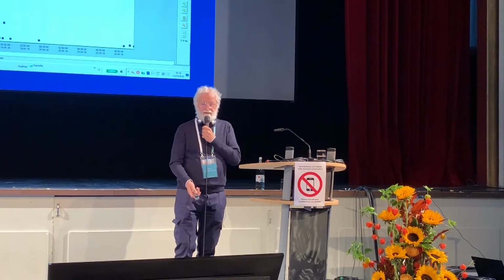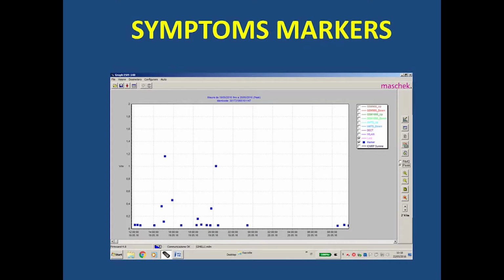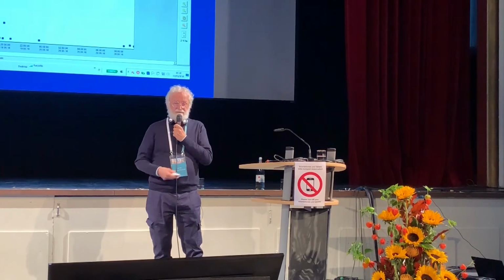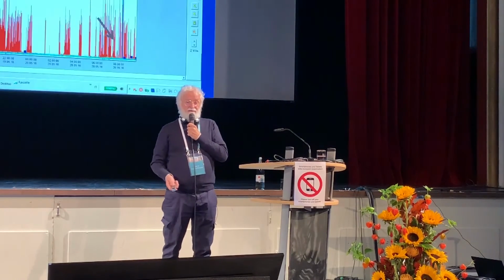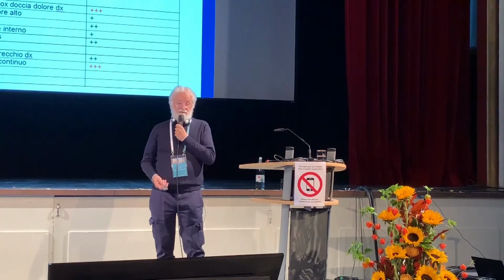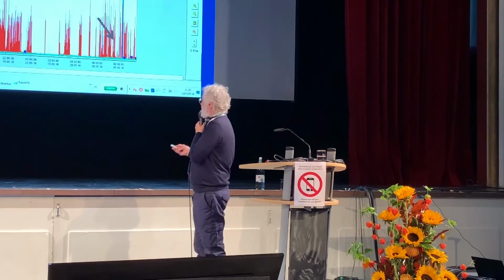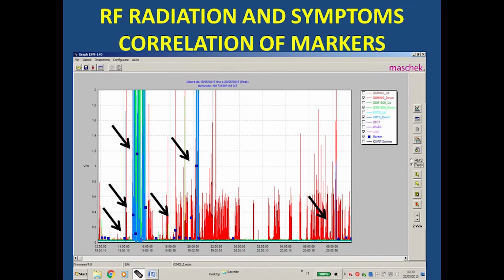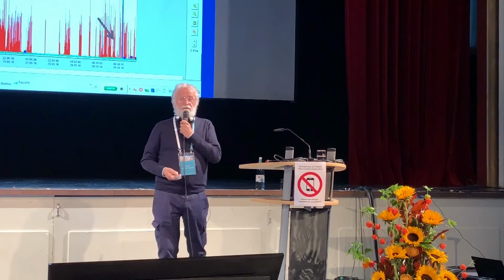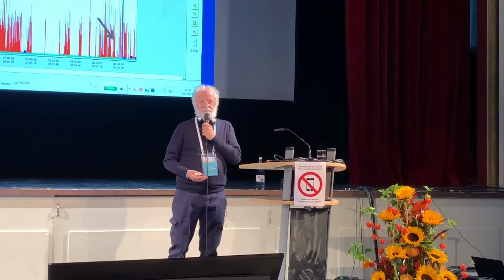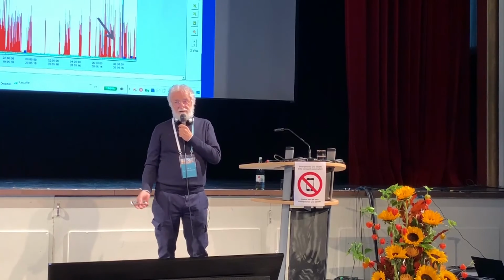You see, for example, here, the marker put by the person when he has the symptoms. Next. This is the diary annotated. And you can see that the symptoms were inside the radio frequency radiation recording. So it is simple to make a correlation between the symptoms and the irradiation.